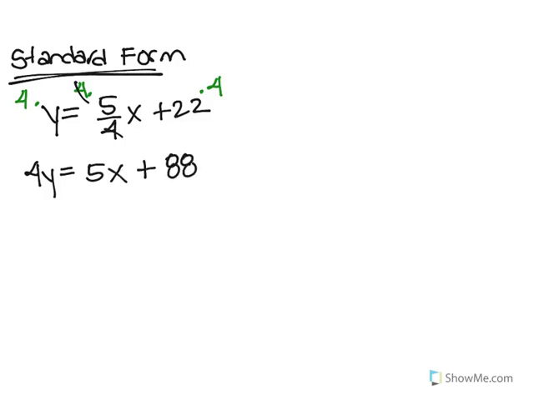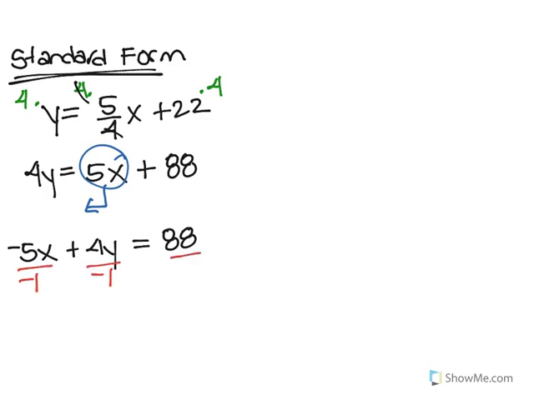And then next, you're going to move your x in front of your 4y. And when it moves, it becomes a -5x plus 4y equals 88. Then, you can't have a negative on the x when it's in the front, so you got to divide off -1. And all that means is change everybody's signs.